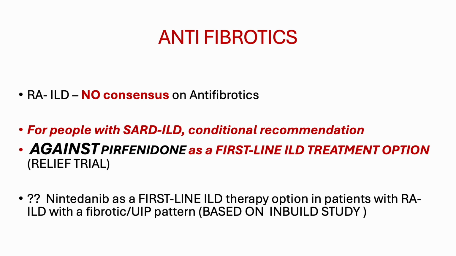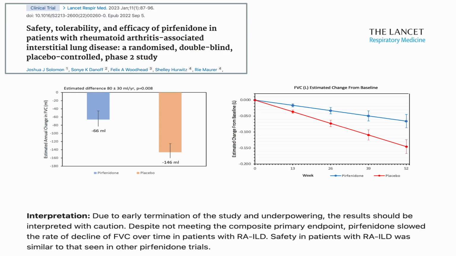So, what is the consensus? That is the recent trial. It's actually the first randomized controlled trial which was published to ascertain the safety and tolerability of pirfenidone in RA-ILD. One problem with this trial also has been its early termination, because again, this was also going on during the COVID pandemic in 2020.